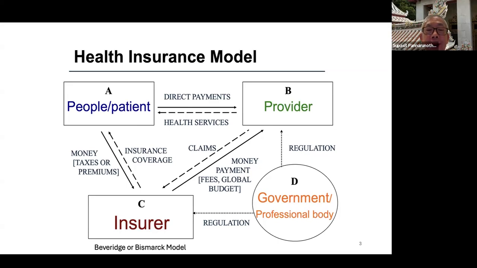Universal health coverage is the ultimate goal for countries to provide protection of health service to people in the country, as they become ill, then become patients.